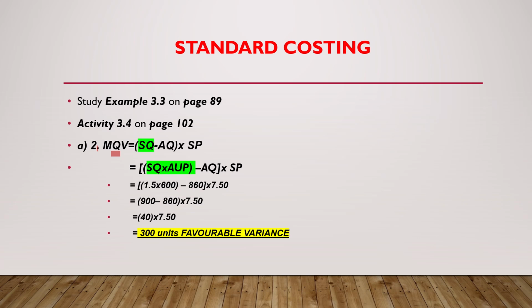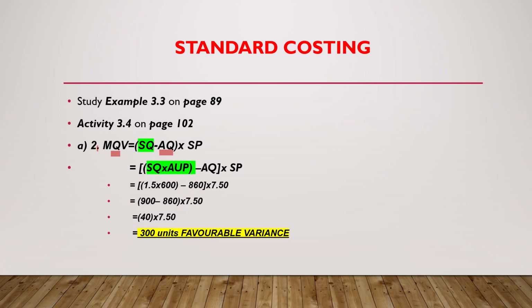Now with this formula, which actual quantity is this one? Remember, we said when we are talking about material quantity, the actual quantity we are talking about is the one that was used, not purchased, that was used, right? And we also said when you are talking about material quantity variance, you extend that formula.